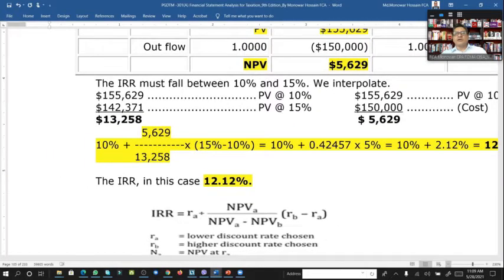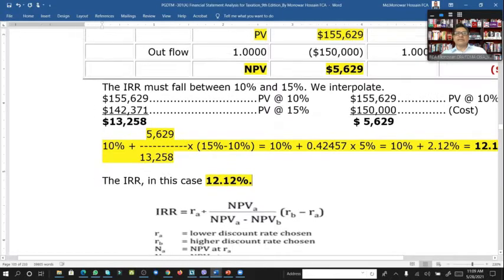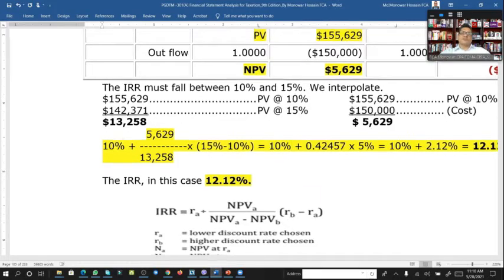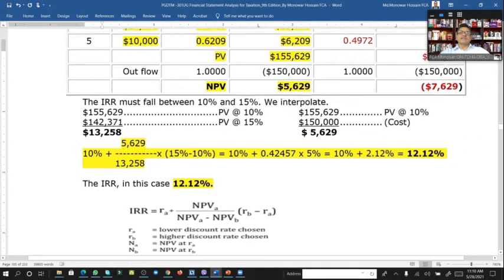So by this project, the company will get 12.12% return. Though its cost of capital is 10%, the company will get 12.12% return. So the project is viable.